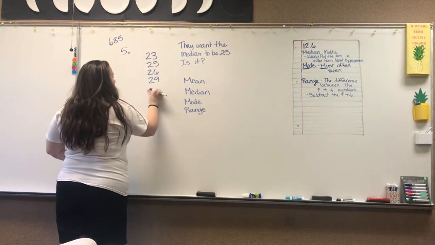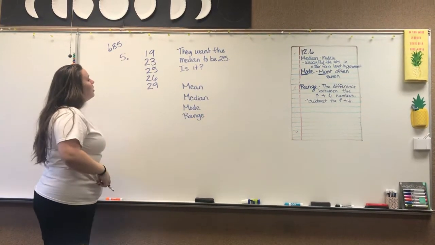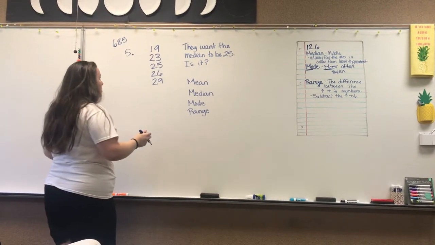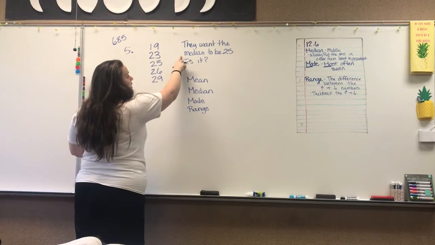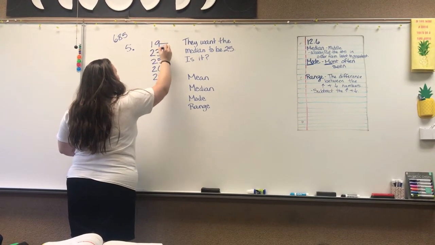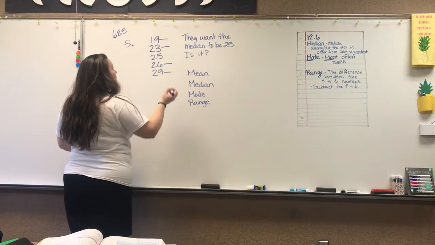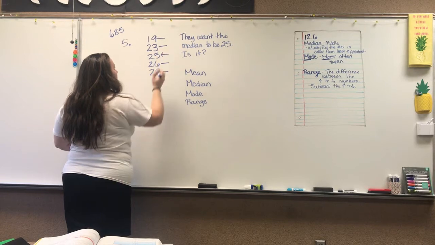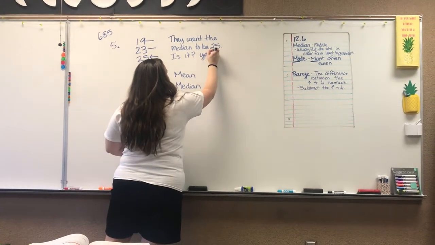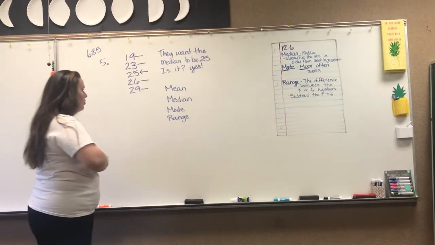Well, I can just move this 19 up here, and now I have the numbers in order from least to greatest. How do we find median? We cross off the top and the bottom. First one, second one. First one, second one. The median is the middle, and the median is 25. So that answer is yes. They have met their goal, and the median is 25.